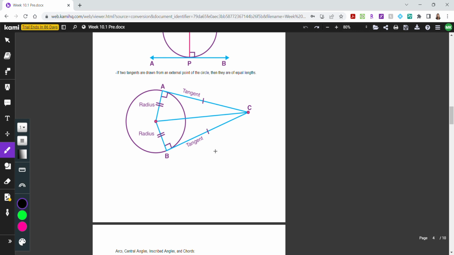They are going to be congruent. And look here, because these two lines are from the radius of the circle to the point of tangency, where the tangent and radius meet, we know that this is going to be perpendicular, and these will obviously be the same length because it's the radius. So just remember, external point, tangent, tangent, both will have the same length.